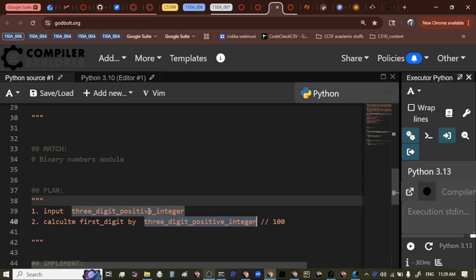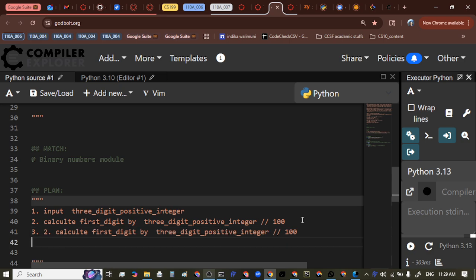All right, so step 3, which is the last digit.